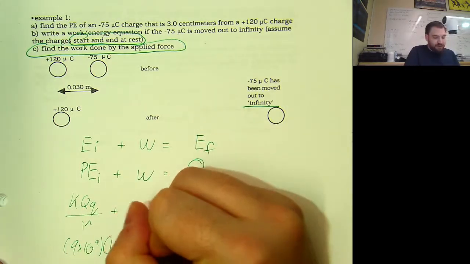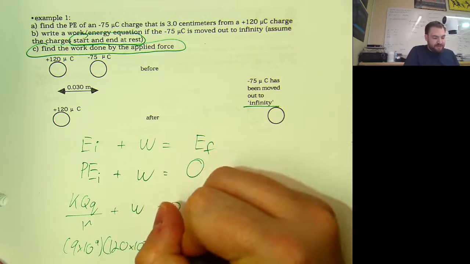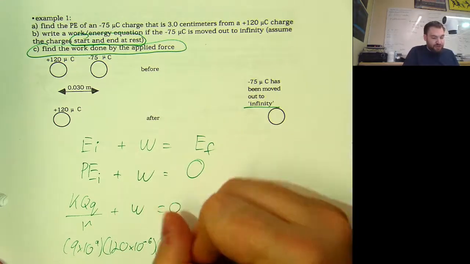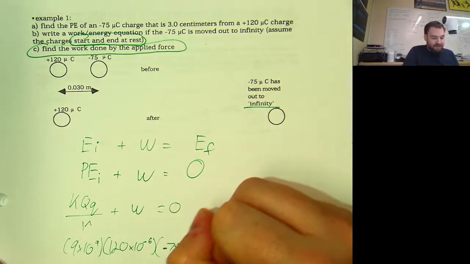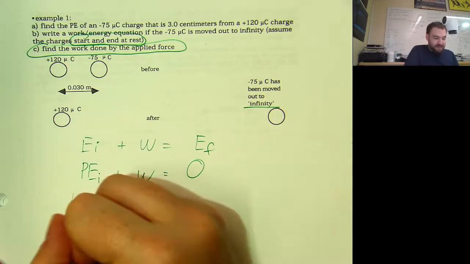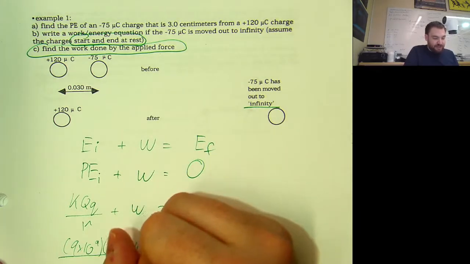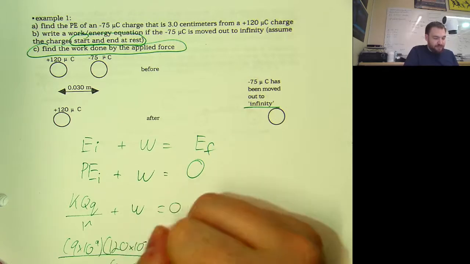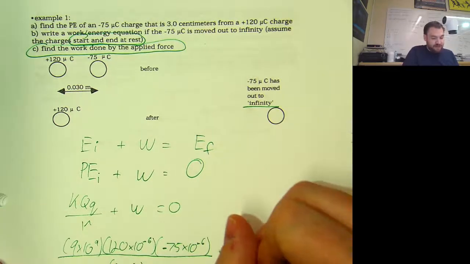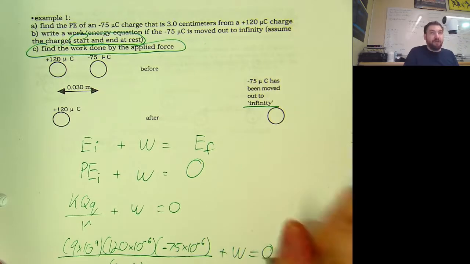Charge 1 is 120 times 10 to the negative 6. Charge 2 is negative 75 times 10 to the negative 6. The distance between them initially is 0.03. I don't have to square that. Plus work equals 0.